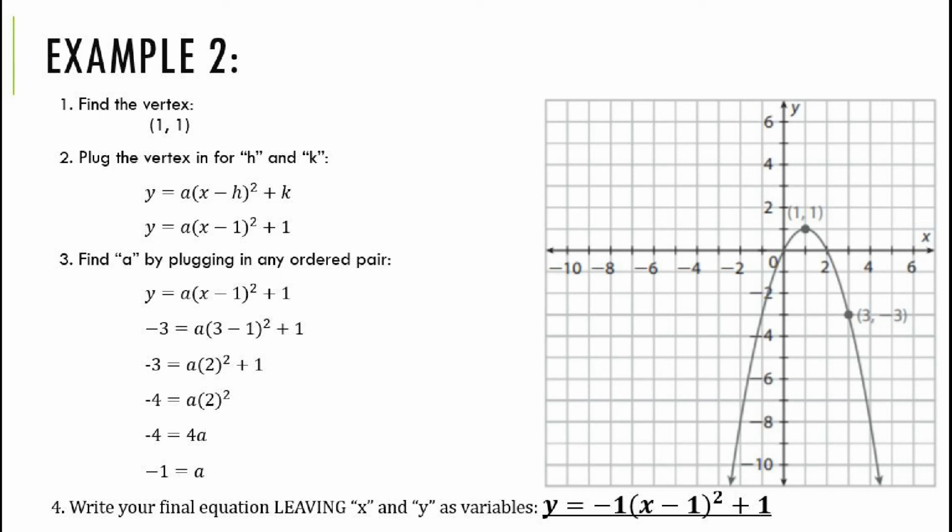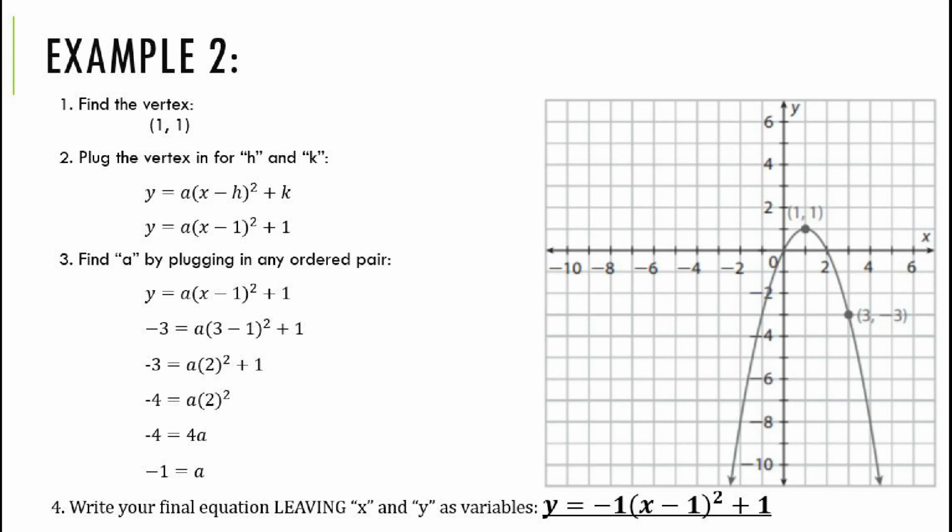Okay, just like we did before, now we're going to simplify what's inside the parentheses. So inside my parentheses, I have 3 minus 1. So 3 minus 1 is 2. So my new equation is -3 equals a times 2 squared plus 1. Now I need to get rid of what's on the outside of the parentheses.